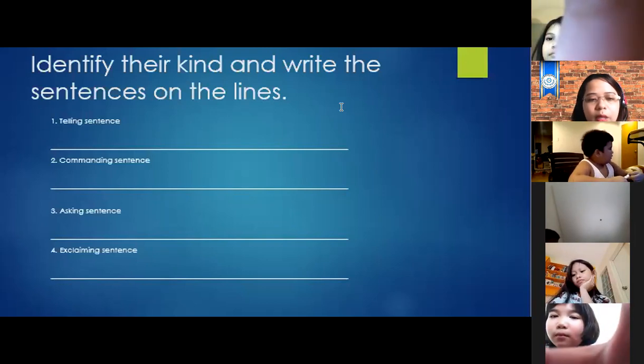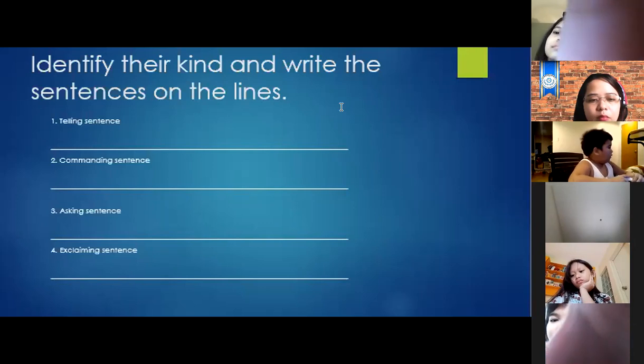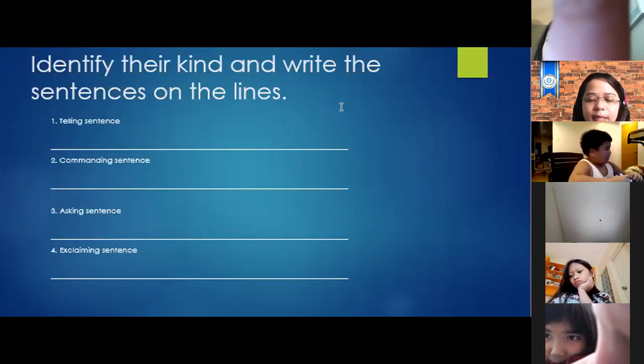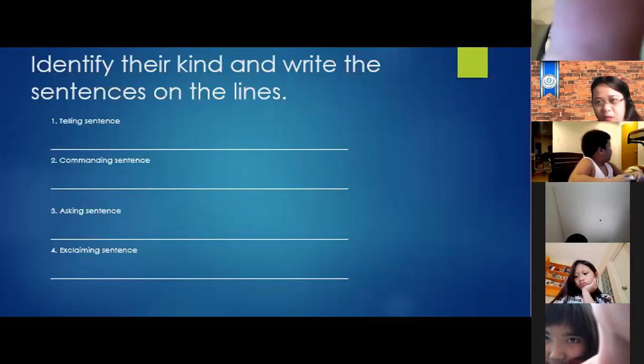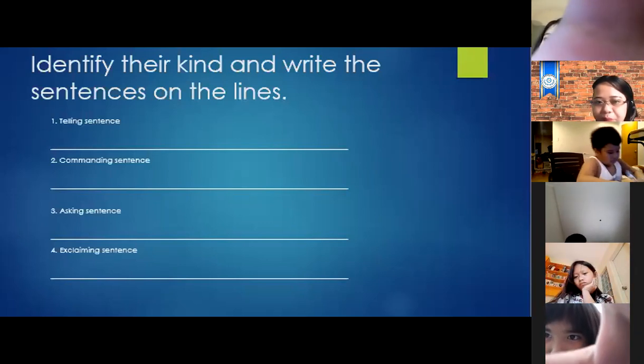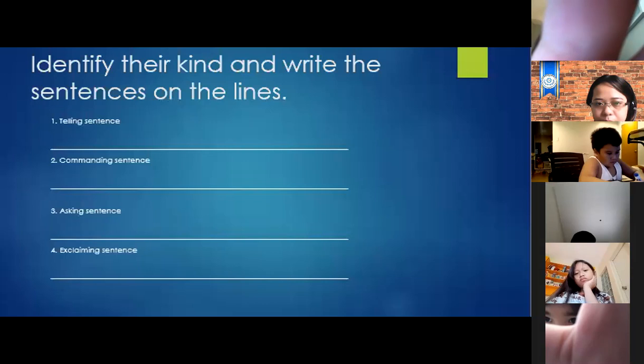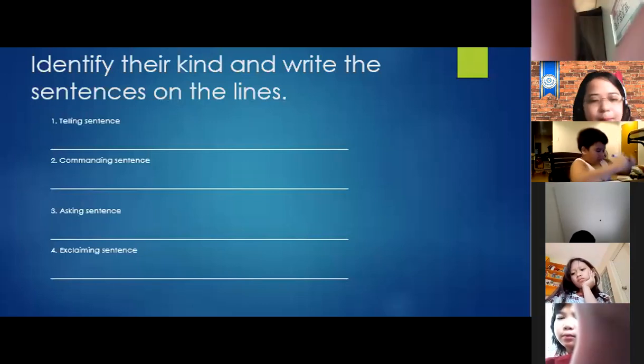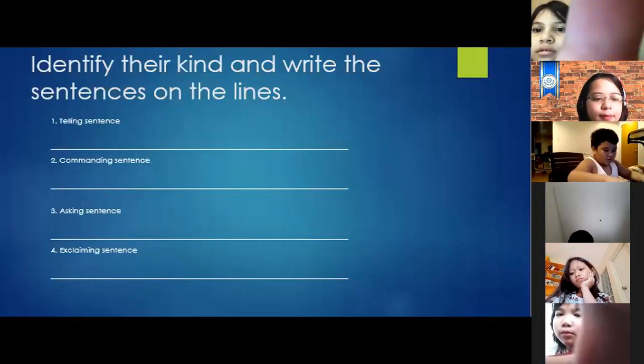Asking questions. What does asking mean again? Is it about question? Asking sentences. Asking questions. Okay. To make examples, like make a sentence at number 1.